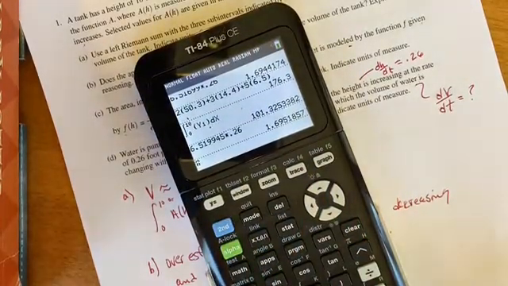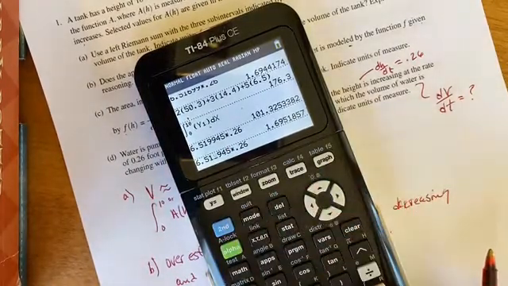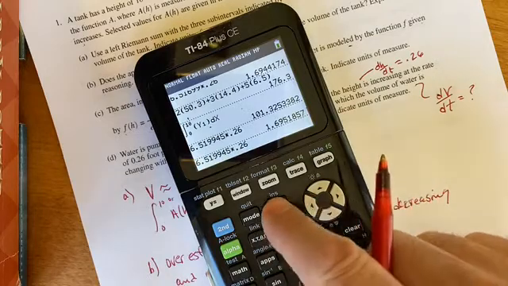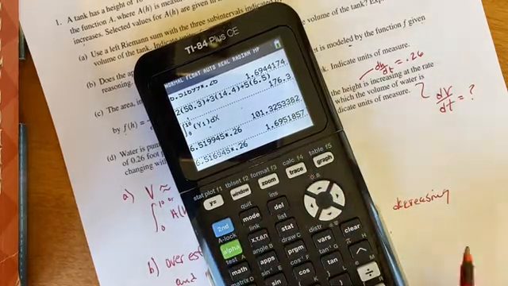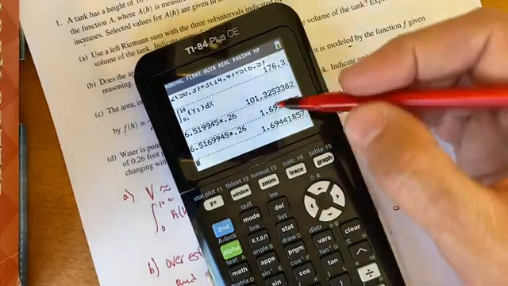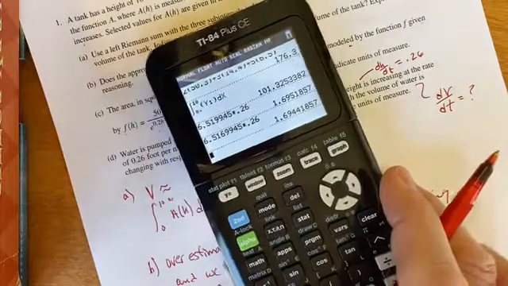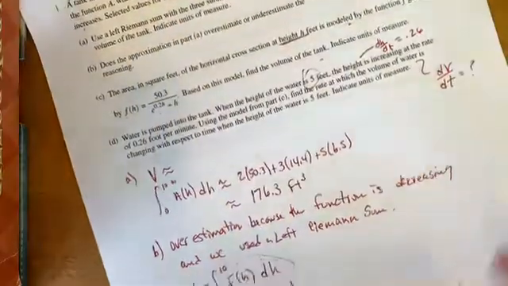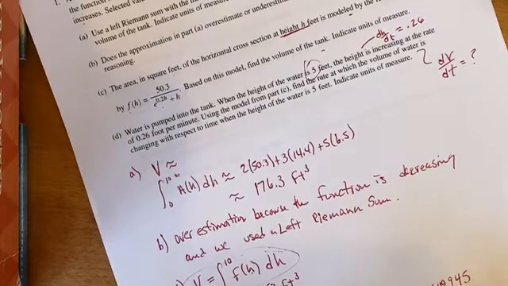Oh, darn, I would have gotten that one wrong. There it is. 1.6944. This is the rate of change of the volume.